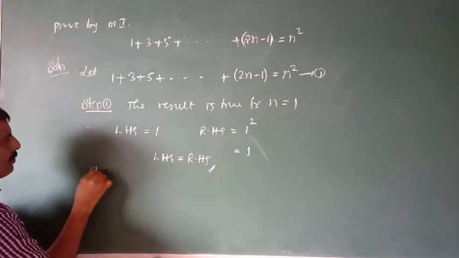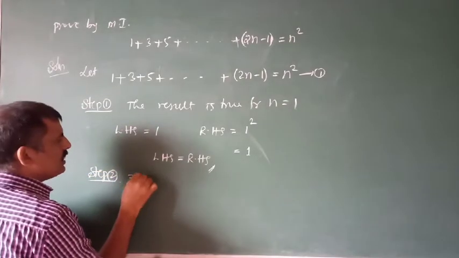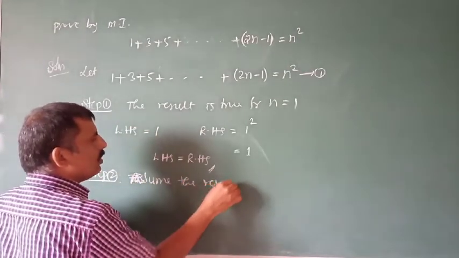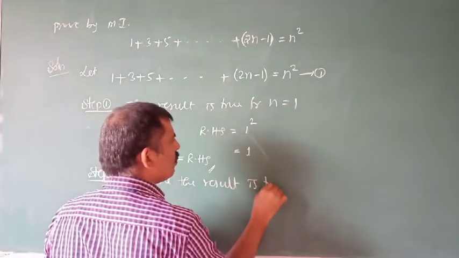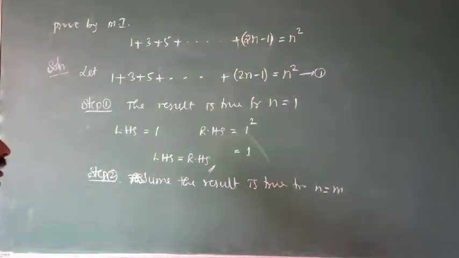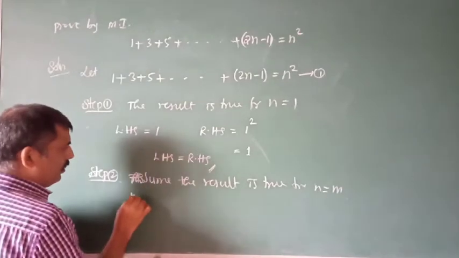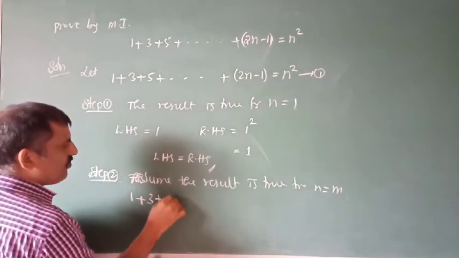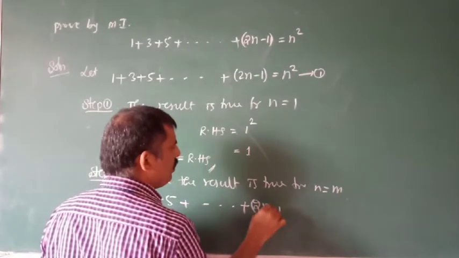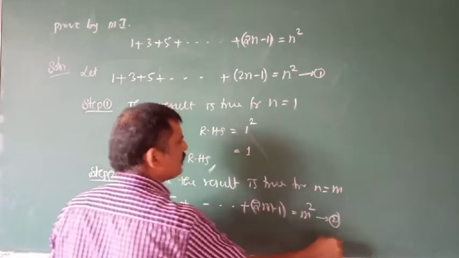Next is step 2. Step 2 is assume the result is true for n is equal to m. So 1 plus 3 plus 5 plus so on plus 2m minus 1 equal to m square is equation 2.